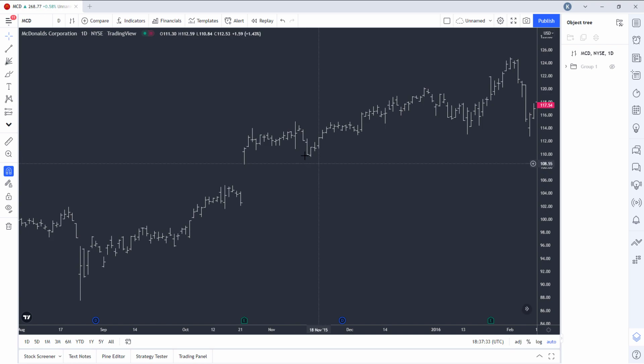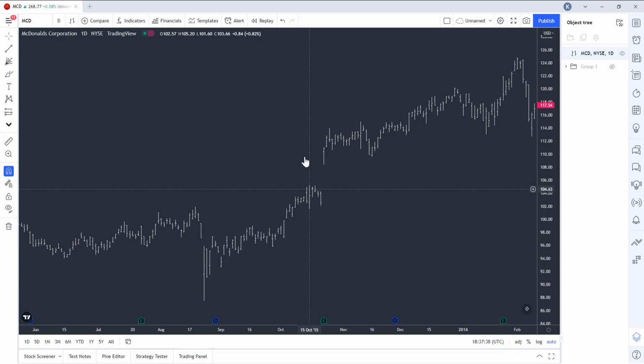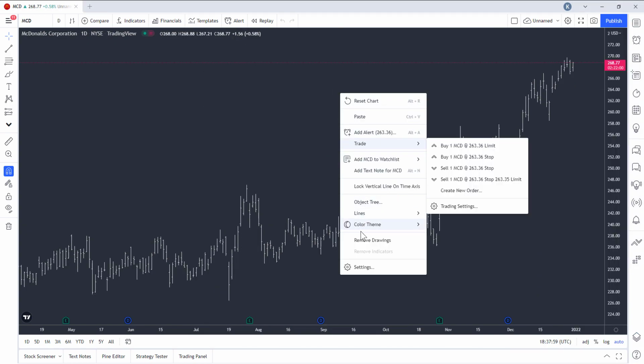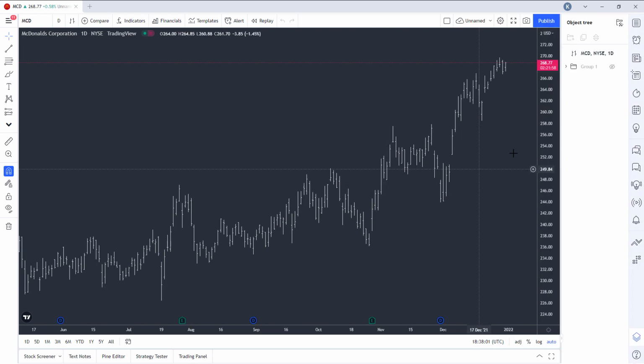So now I want to show you a few more angles on the same instrument. Let's open up those angles that I have already drawn for you.